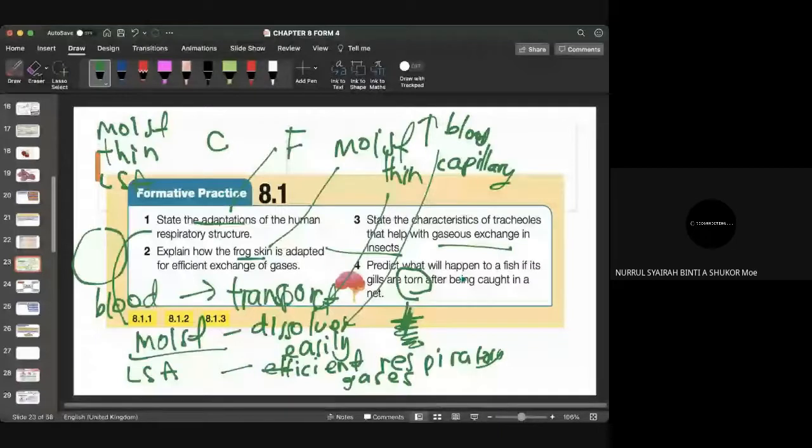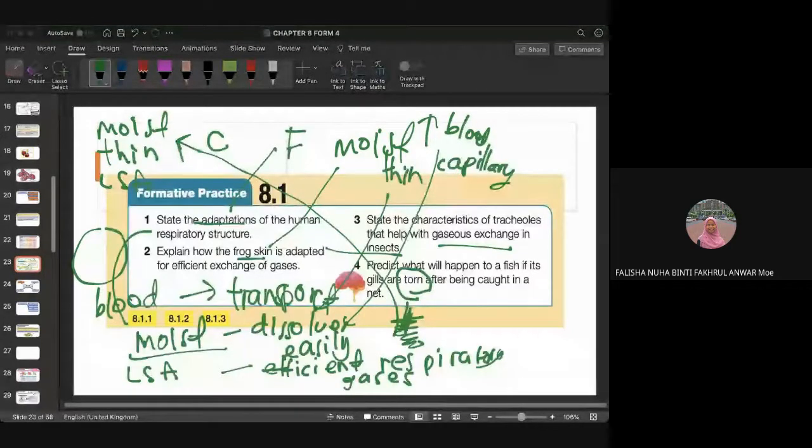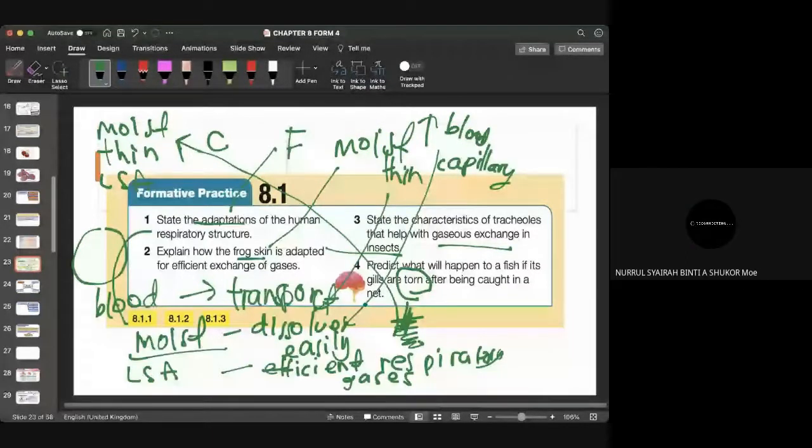Adakah bila koyak dia tak moist lagi dah? Okay. Alisha? Kalau koyak dia tak thin dah. Dia tak thin. Nah, dia yang tak adalah dia mula thin. Bila koyak tiba-tiba jadi tebal.